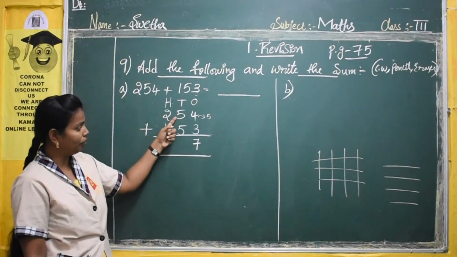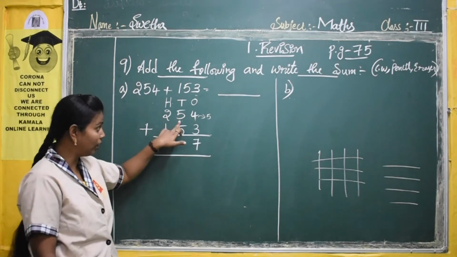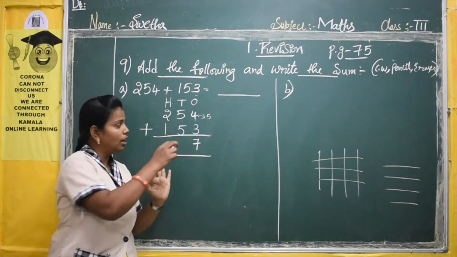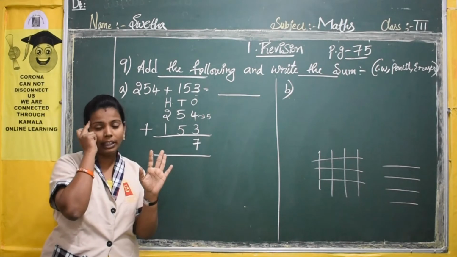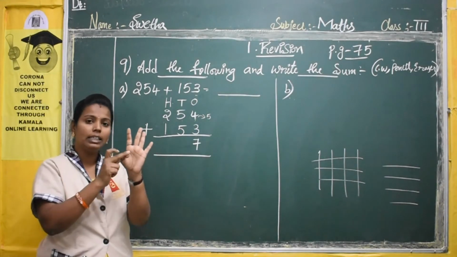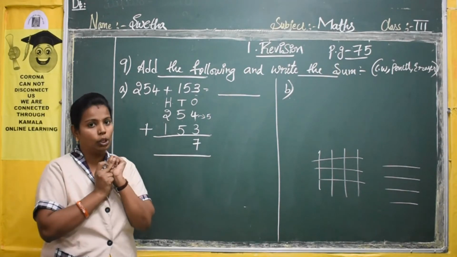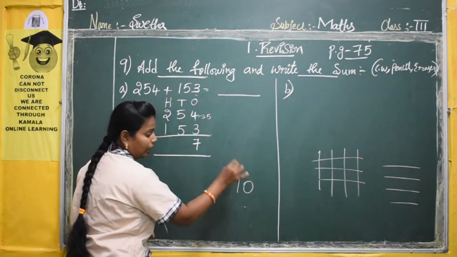See, 5 and 5. 5 plus 5. Again the same thing: 5 in the mind, 5 in the fingers. Whatever we take in the mind, we start counting from the next number. So after 5: 6, 7, 8, 9, 10. The total you got is 10.